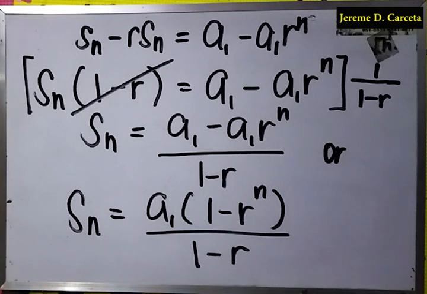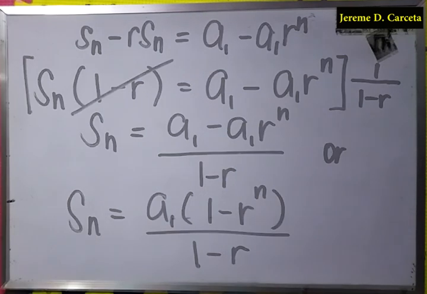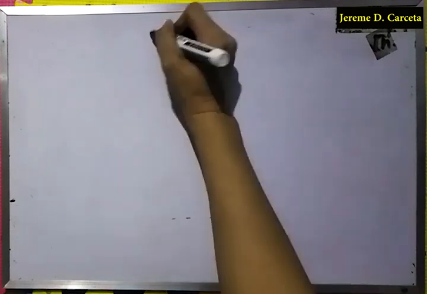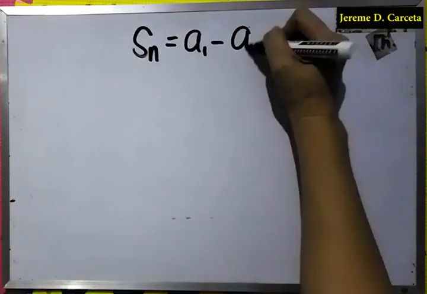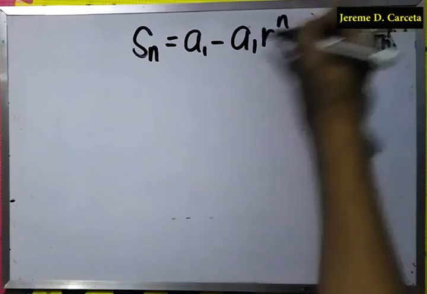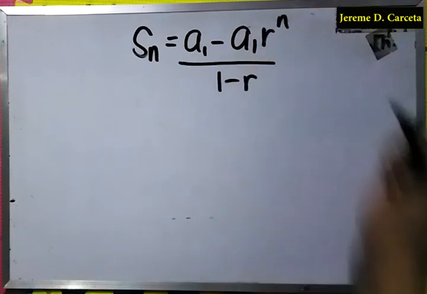So if the last term is given, we need another formula in finding the sum of the terms of a geometric sequence. So again, we have s sub n is equal to a sub 1 minus a sub 1 times r raised to n over 1 minus r.